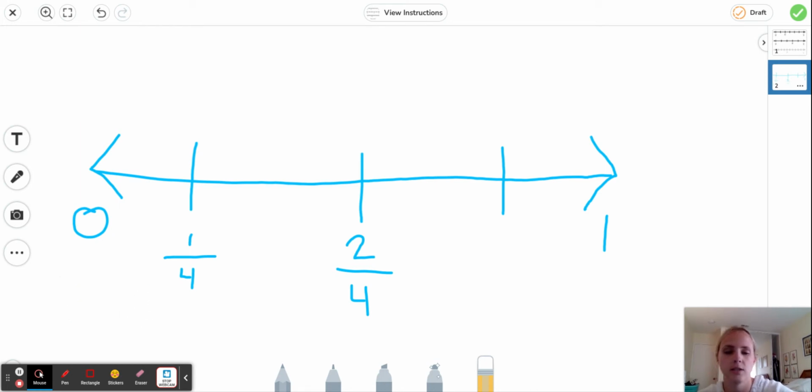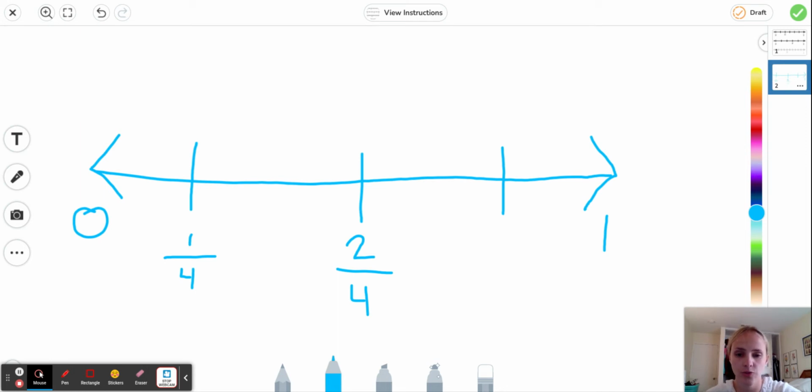All right, let's move to the next line. Well, the first line was 1/4. The second line is 2/4. What could this next line be? 1, 2.